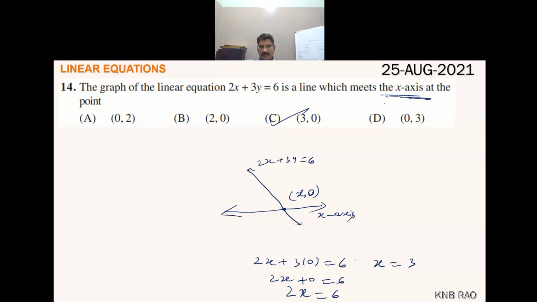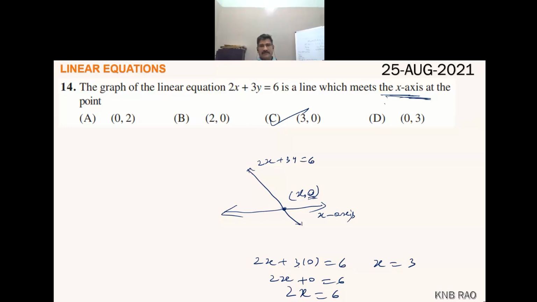If a line meets the x-axis, the point of intersection of the x-axis with this line should be of the form x comma 0. Why x comma 0? Because it is lying on the x-axis. Any point lying on the x-axis will have its ordinate 0. So I got that ordinate 0 as a condition.